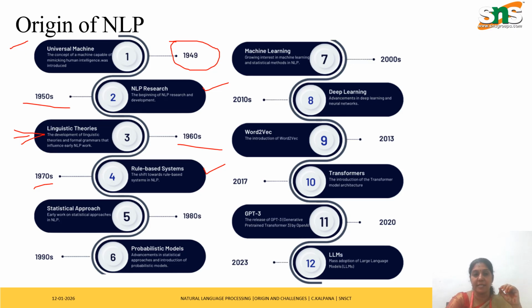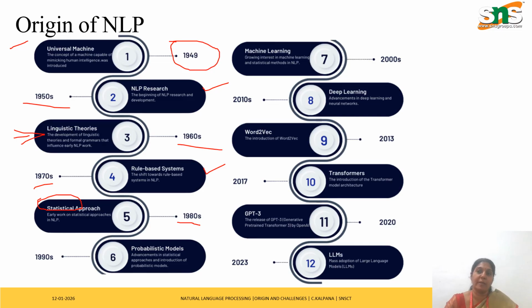The next revolution was in the 1980s, the statistical approach, which means probability-based approaches, guessing what the next word will be.